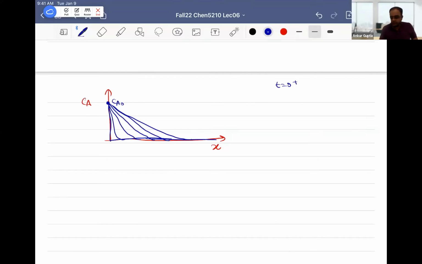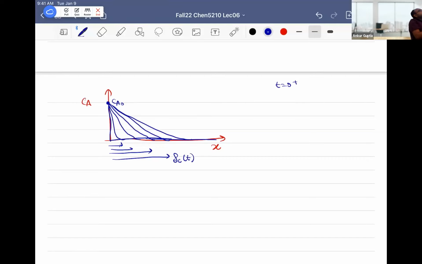And what we are really seeing is that I find some value at which this is being spread out. So X goes from 0 to infinity, right? But I don't care about the entire region. If I'm initially here, then I don't care about this region beyond this point because the value is 0 everywhere. So I really care about the region where concentration gradients are present.